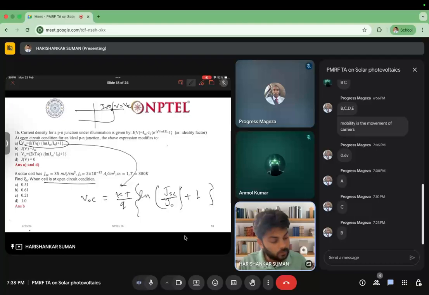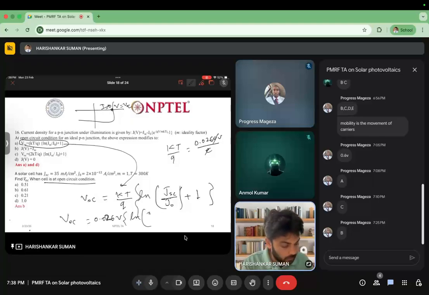KT by Q, let's say KT is 0.026 electron volt, and Q, the E cancels out, so V is 0.026 volt. Ln JSC is 35 milliamp and J naught is 2 into 10 to the power minus 12.